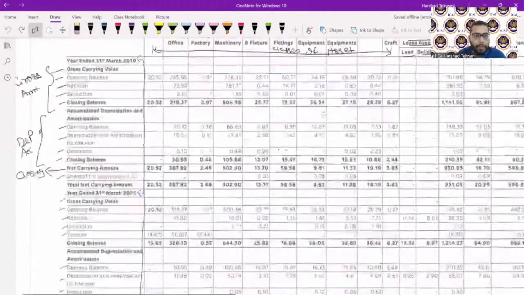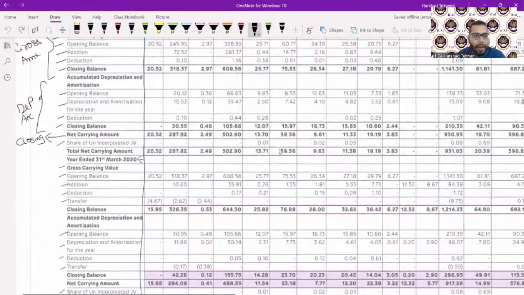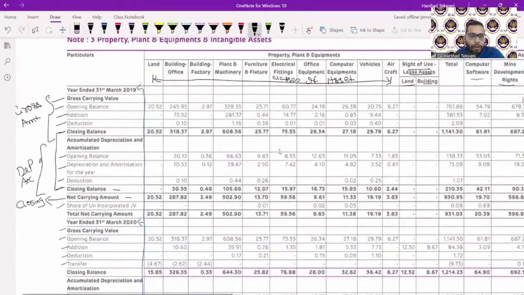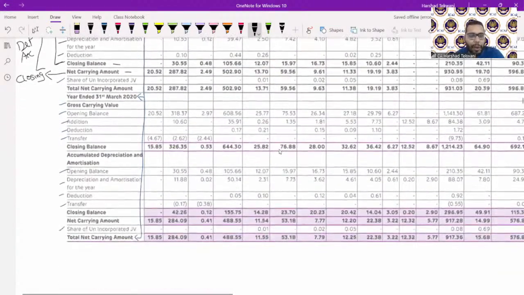If you take this closing balance and this closing balance, you get the net carrying value over here. That was for March 2019, and same way I'll repeat for March 2020. Gross, opening, additions, deductions, transfers, I'll get a closing over here. For depreciation, I'll perform the same, again I'll get a closing, and when I net both of these, I'll get a carrying value. So this is a reconciliation, opening, closing, gross, net, showing everything.